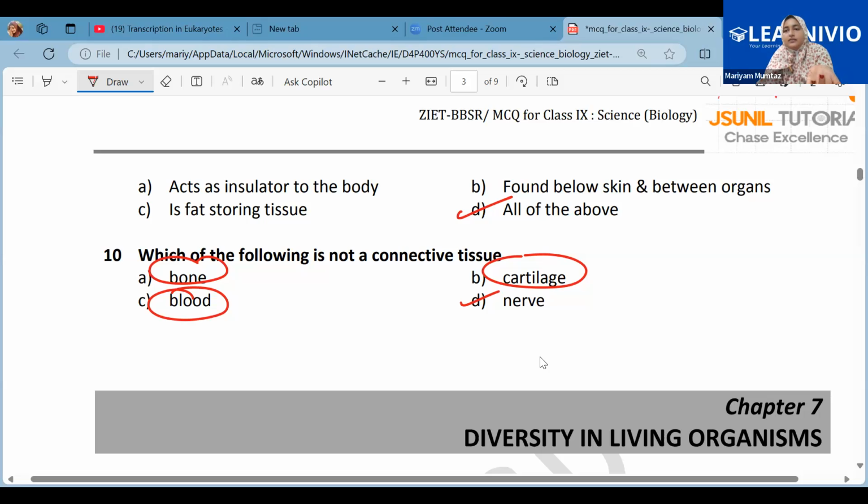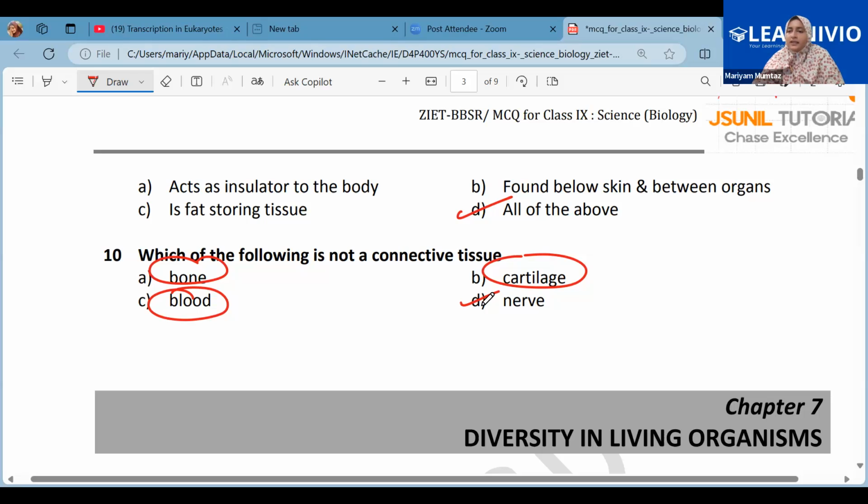Okay, tell me, what are the three types of neurons, students? Sensory neuron, motor neuron, association or relay neurons, right?